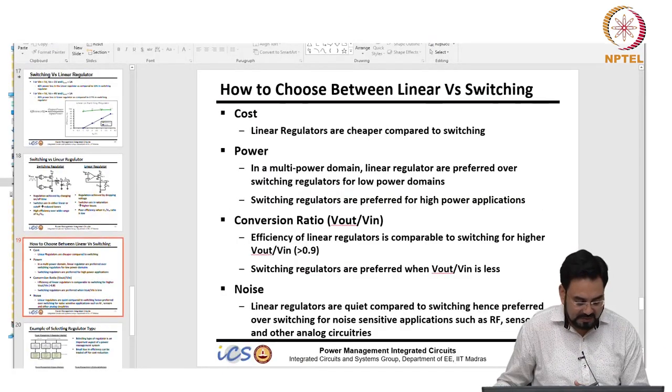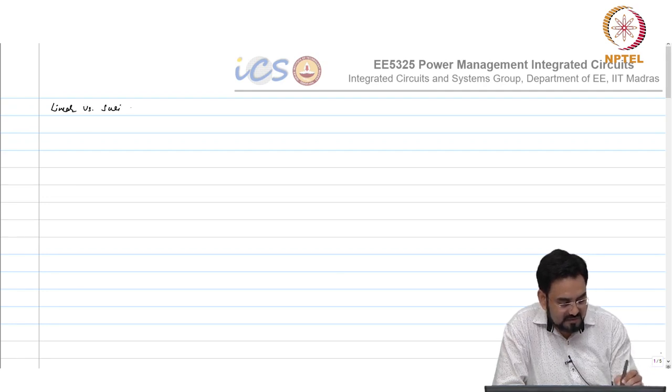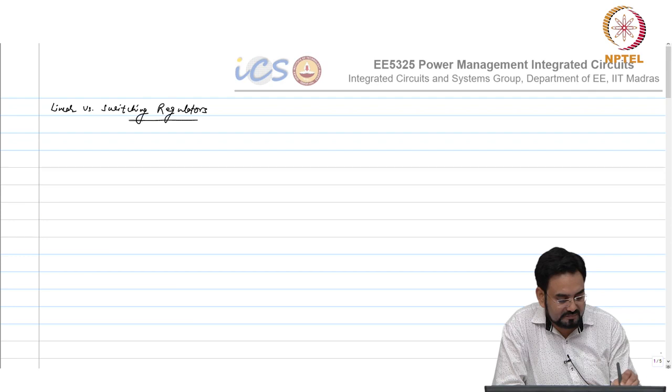So let us take a few examples. Let us say I have a system, linear versus switching regulators.